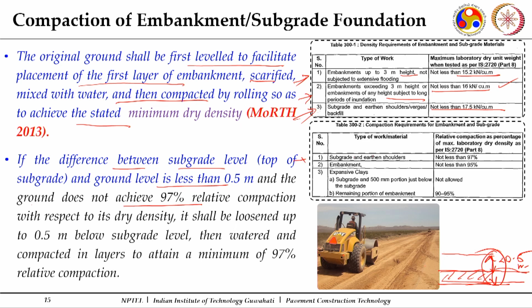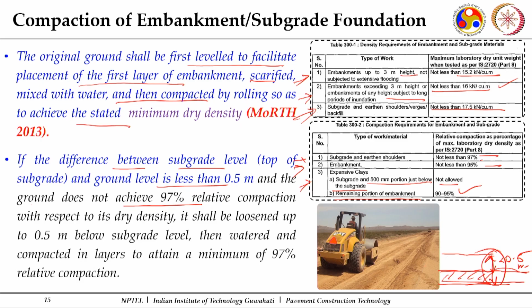For subgrades it should not be less than 97%, and for embankments it should not be less than 95%. Expansive clays are not allowed in the subgrade and the portion just below the subgrade, but for the remaining portion of the embankment it can be 90 to 95%.